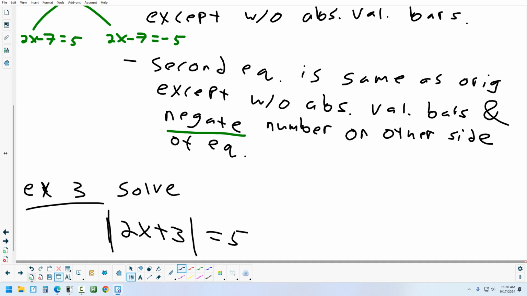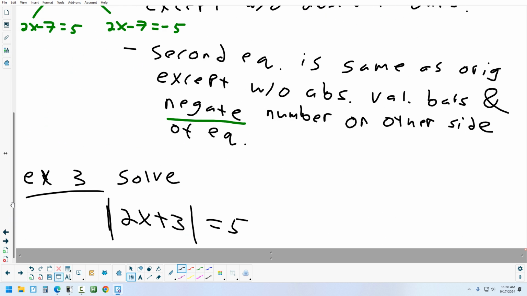So let's try this one. It's the absolute value of 2x plus 3 equals 5. Okay, first thing. Is the absolute value by itself on one side? What do you think, Elise? Yeah, it's by itself, so we're ready to split this into two problems.